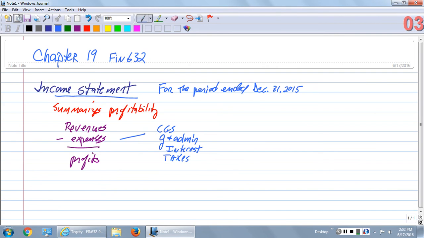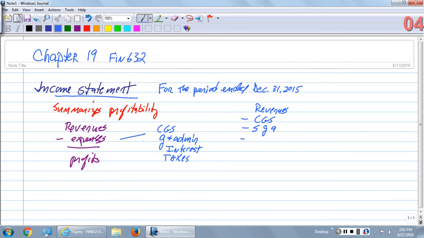Okay. Looking at a little income statement on page 636, you can see it starts up here at the top with revenues, sales that came in, less cost of goods sold, less your selling, general administrative expenses.